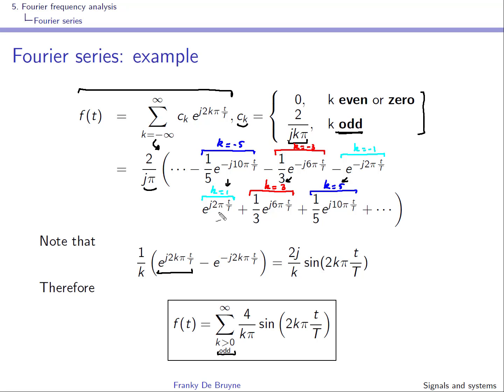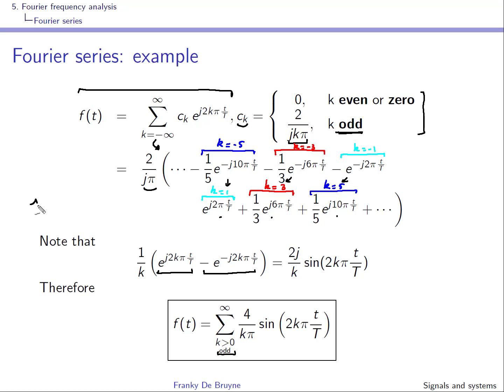These ones will have a plus sign, and the corresponding terms will have a minus sign. So for each odd positive integer you have terms like that appearing.